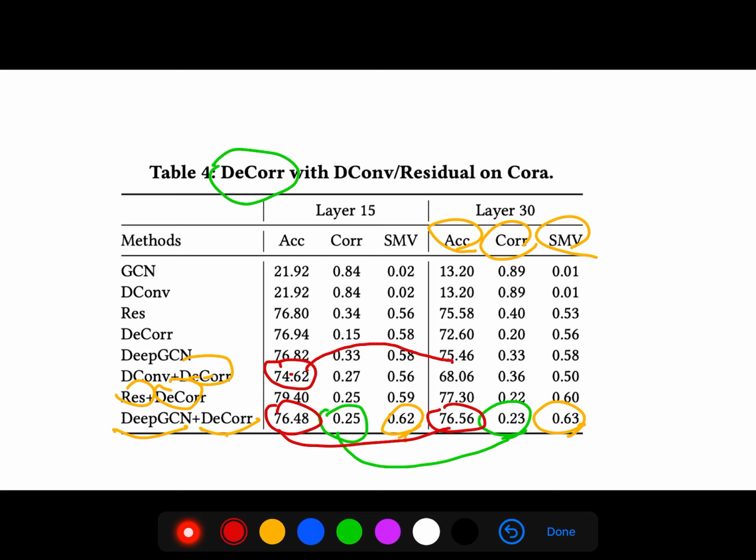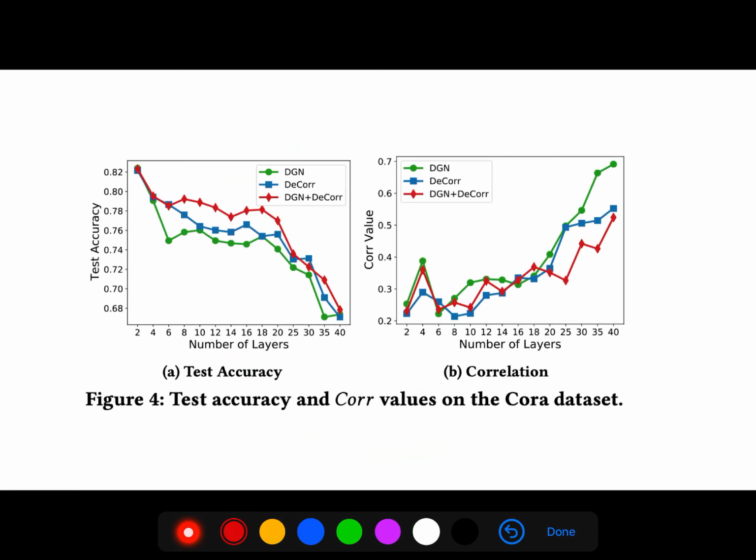In this one, when the number of layers almost doubles, the accuracy slightly decreases. And then for test accuracy and correlation, you will see when the number of layers increases, the correlation value increases. And the test accuracy, of course, always decreases when the number of layers increases, unfortunately.